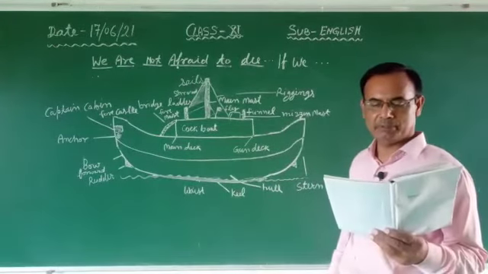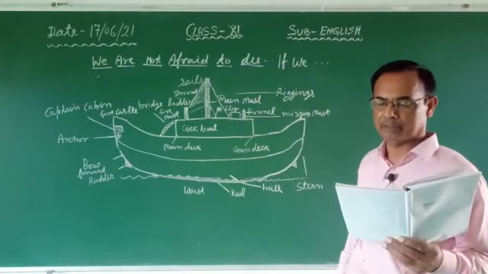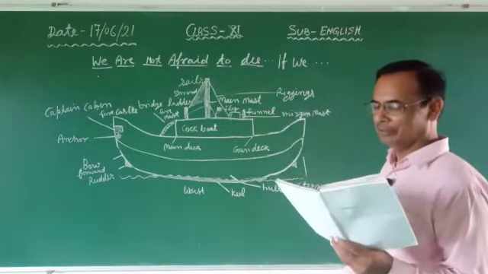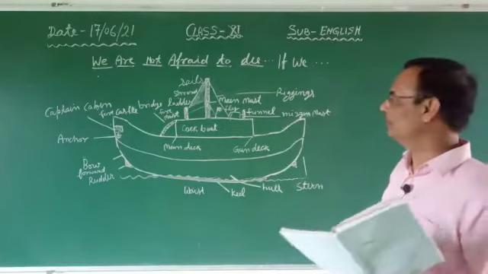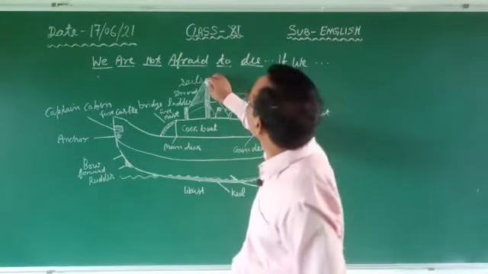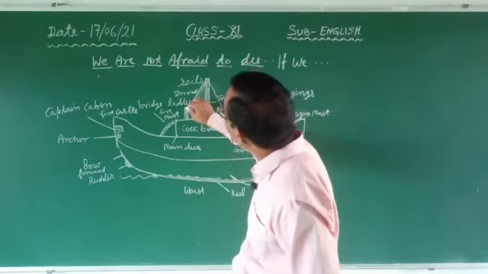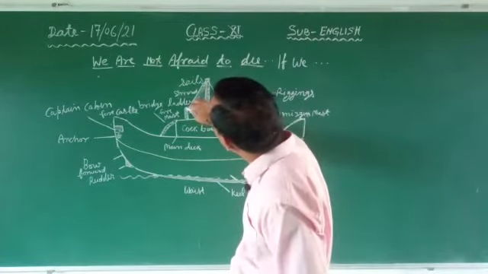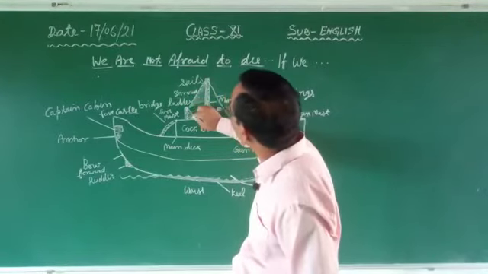"We were sailing with only a small storm jib and were still making 8 knots." These sails were collected, only small sails. Jib means sail here, a small sail was used.